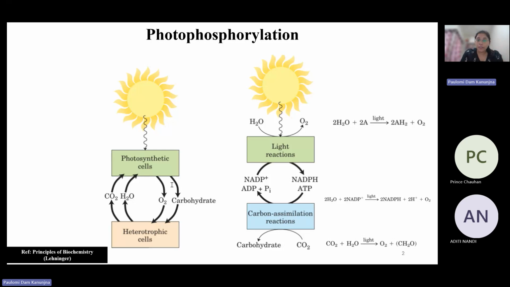Okay, so they make carbohydrates. Along with this, they also form several organic compounds using carbon dioxide and water. As you can see in the image on the slide, carbohydrate is formed and water is being used, right?